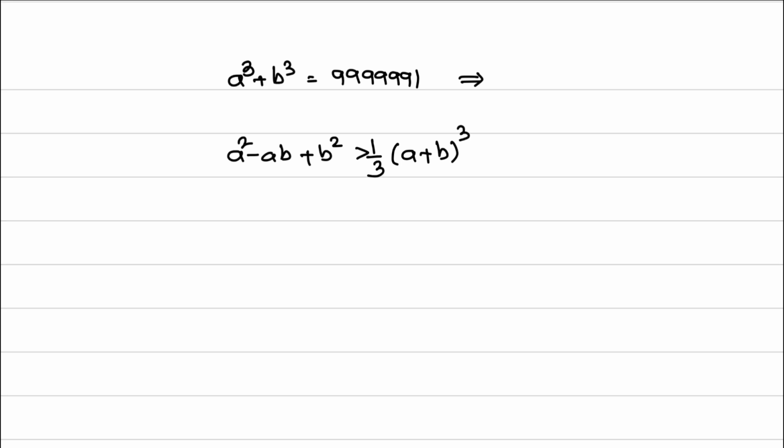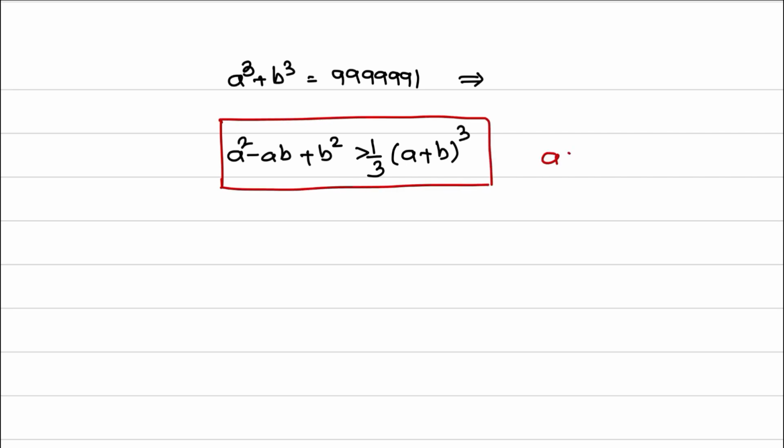This is always obeyed, provided a is greater than 2b or b is greater than 2a, depending upon whether a is positive or b is positive, a is negative or b is negative.